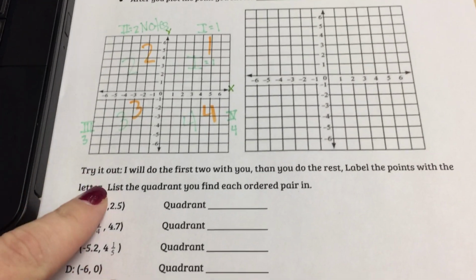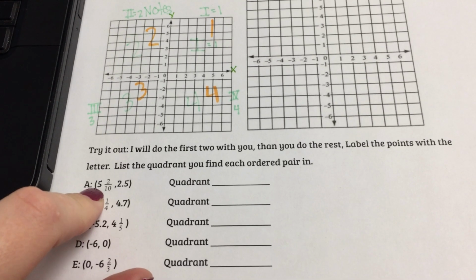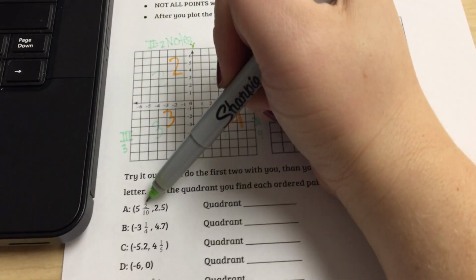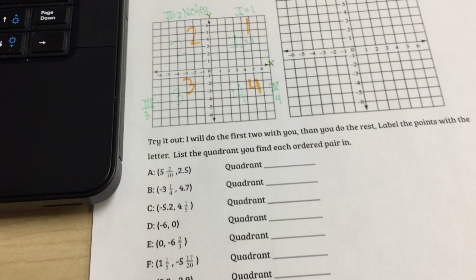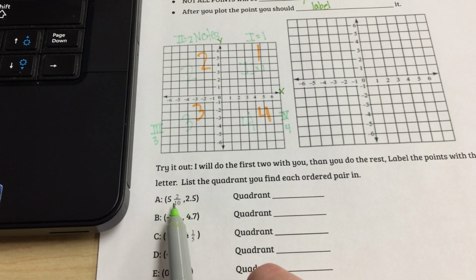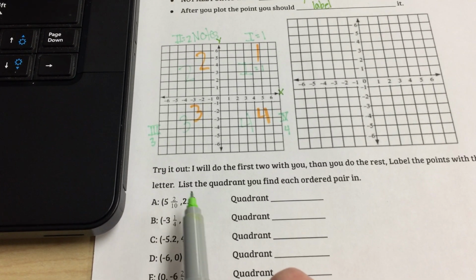So the first one I have is (5 2/10, 2 5/10). Okay, so I'm already kind of confused probably. I'm going across first. I'm going to go to 5 2/10. In my head, I should know that 2/10 is much closer to 5, because it's closer to 0, than it's going to be to 6. If I had something like 5 7/10 here, I'd probably go closer to 6.